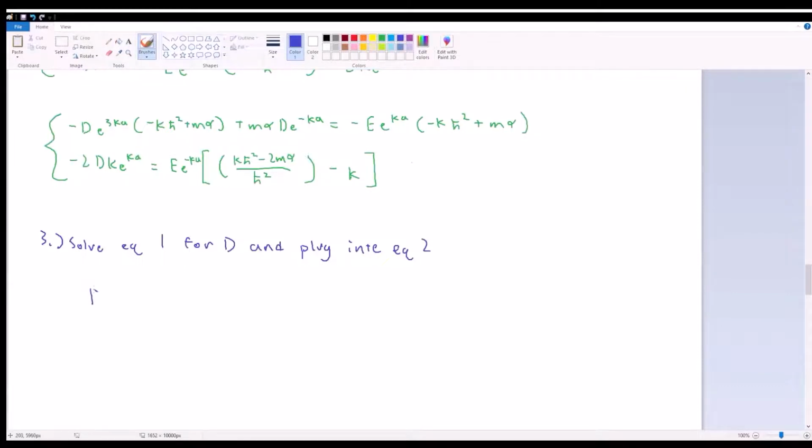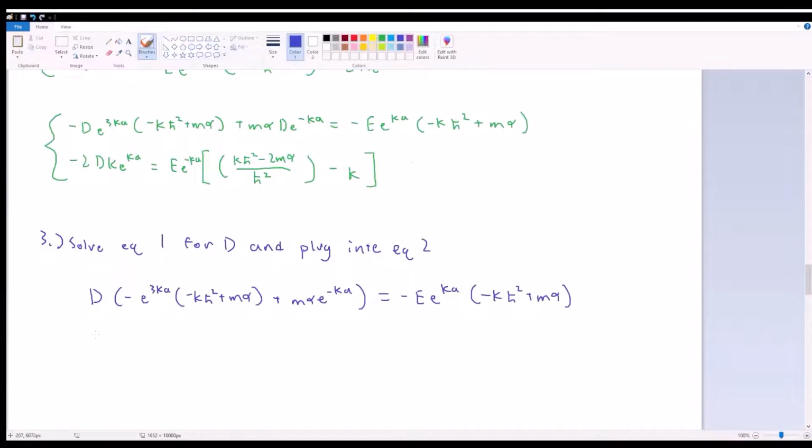It's going to be D times negative e to the 3ka times negative k h bar squared plus m alpha, plus m alpha e to the negative ka. This equals negative e to the ka times negative k h bar squared plus m alpha.